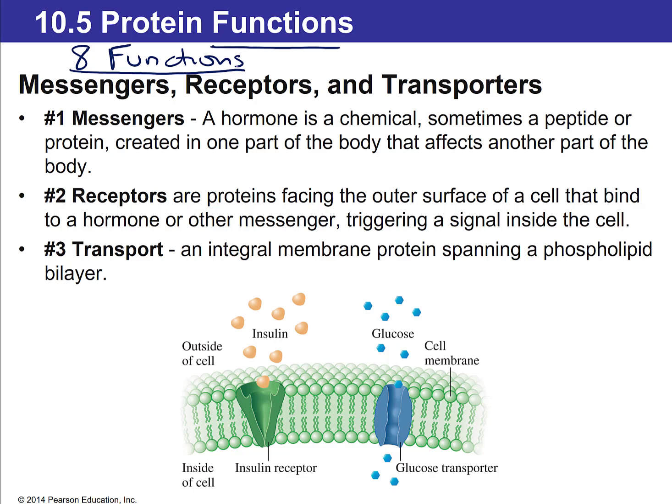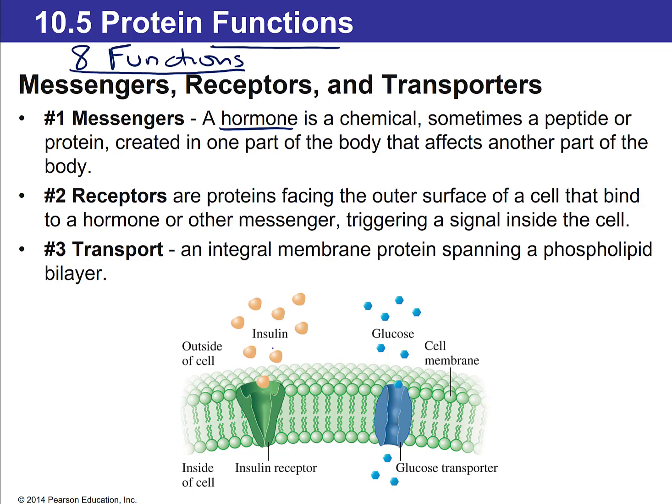So by messenger, it means that a protein can be the signal. It carries the information. The most common example of how proteins can be a messenger is with hormones. So hormones are proteins that are made by one cell, but they're sending a signal to another cell.